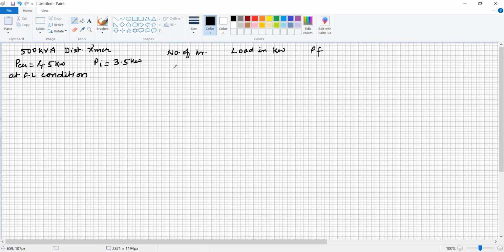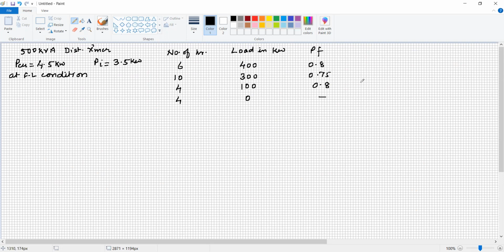For 6 hours, the load is 400 kilowatt and the power factor is 0.8. For 10 hours, it is 300 kilowatt and the power factor is 0.75. For 4 hours, it is 100 kilowatt and the power factor is 0.8.